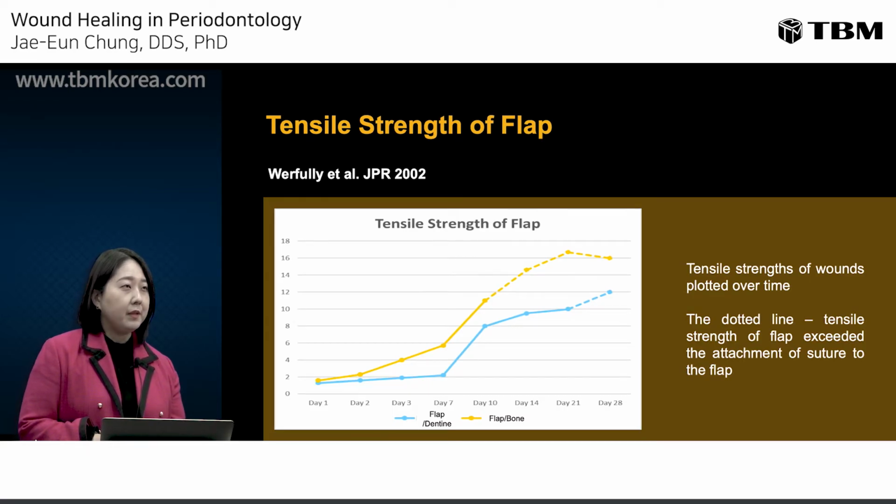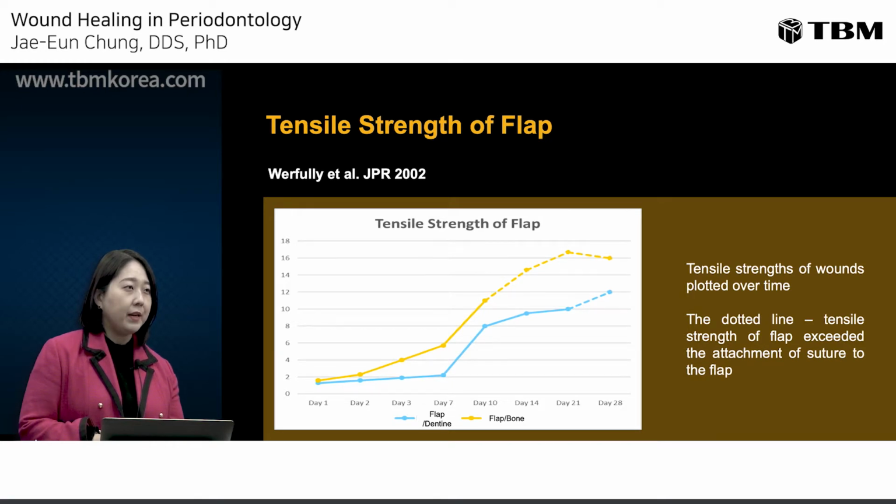This figure shows tensile strength of wounds plotted over the time. The dotted yellow line for the flap and bone interface from 10 days onwards indicates that tensile strength of some flaps exceeded that of the attachment of the suture to the flap. Tensile strength was seen to increase with the time for both interfaces, with the tensile strength of the bone and flap interface showing higher values for all time points.